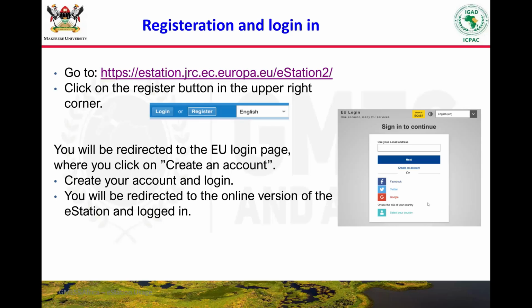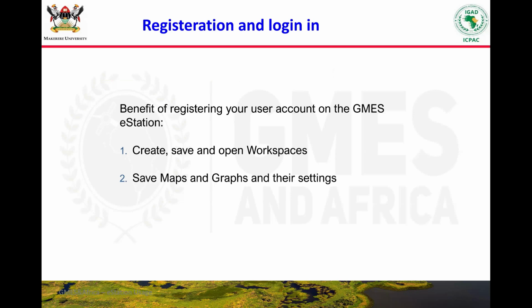It redirected us to the EU login credential platform, and then redirected us when we were logging in, and we successfully logged in. As I mentioned, the benefit of logging in is that you can create, save, and open a workspace, but also you can save a map, a graph, and also perform other settings as far as this is concerned.